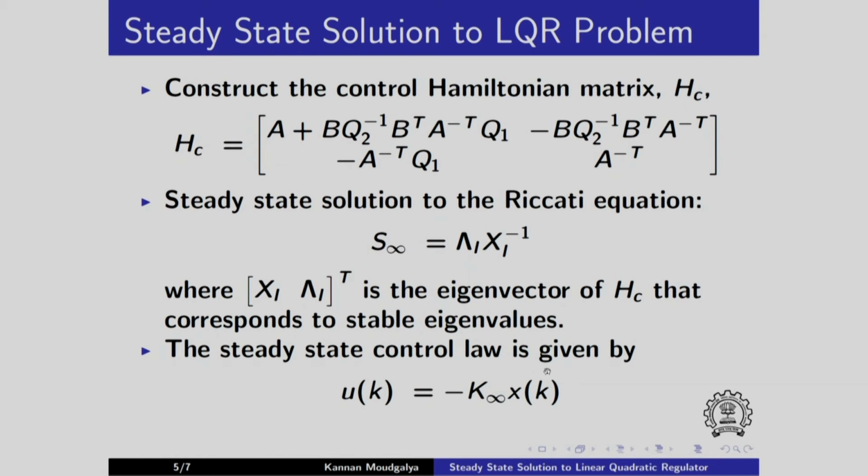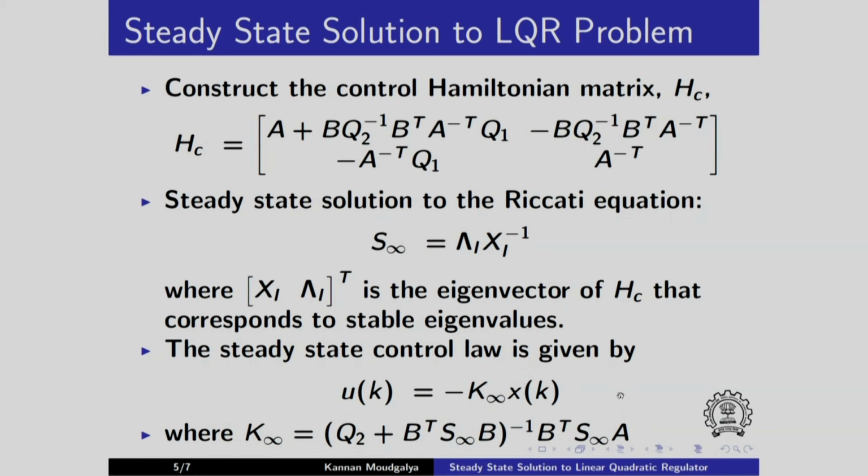The steady state control law is given by this expression, minus k infinity into x of k, where k infinity is given as a function of S infinity as given here. This is something we derived already. Only thing is, wherever we had S as a function of k before, we have to replace it with infinity, because S infinity is constant.